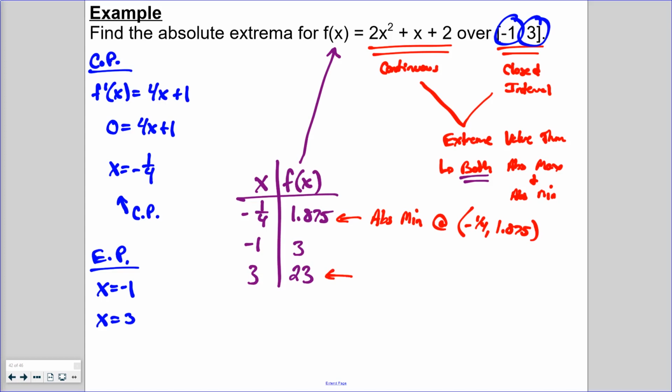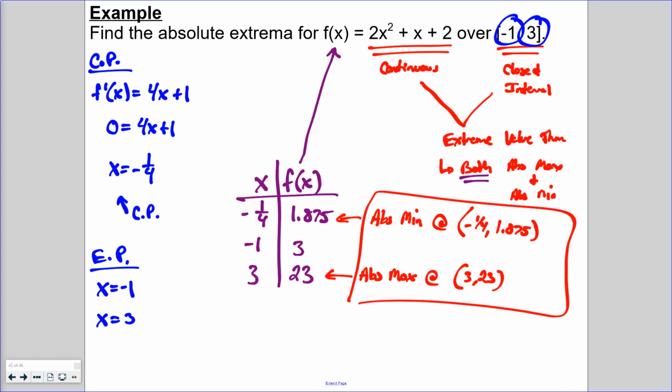The highest y value is 23, so there is an absolute max at the point 3, comma 23. And there we go. We have found both of the absolute extrema guaranteed by the extreme value theorem.